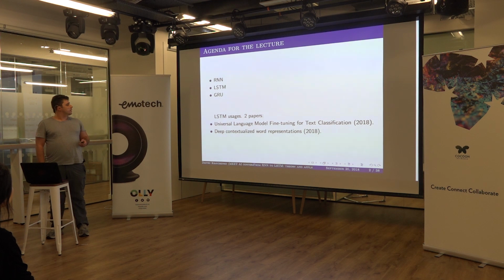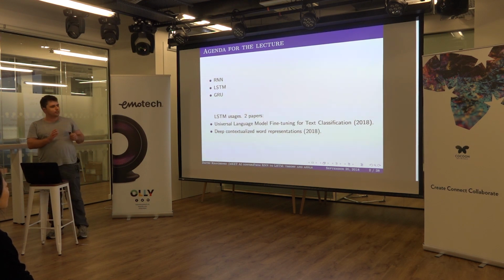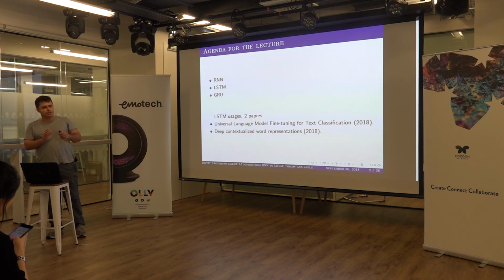Then I'll tell about LSTMs and what LSTMs solve compared to RNN. And then I'll tell about GRU, which is a type of LSTM, and it's a popular type of network now, and I'll explain why.